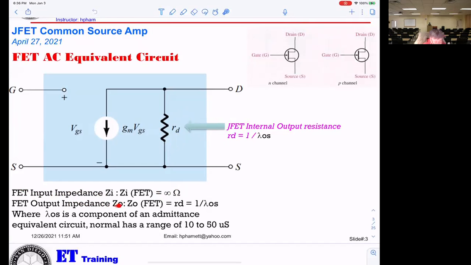The JFET output impedance, we call it g0, rd equals 1 over g0, but we don't use this one, where g0 is a component of an admittance equivalent circuitry, normally in the range of 10 to 50 microsiemens.